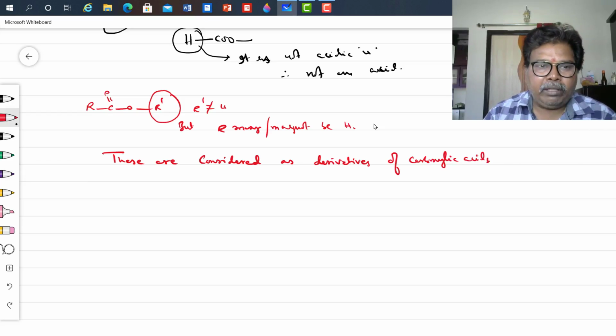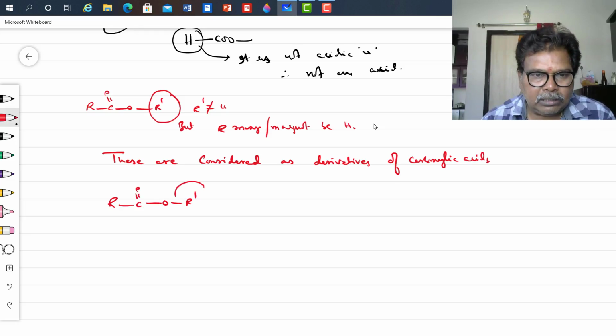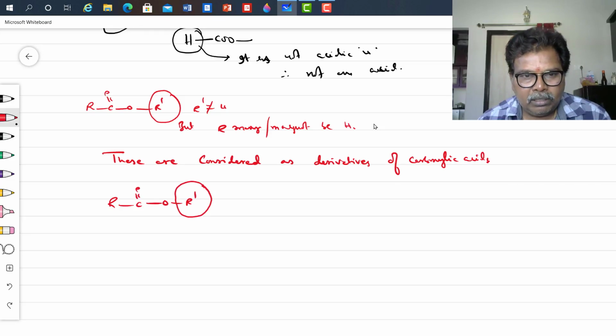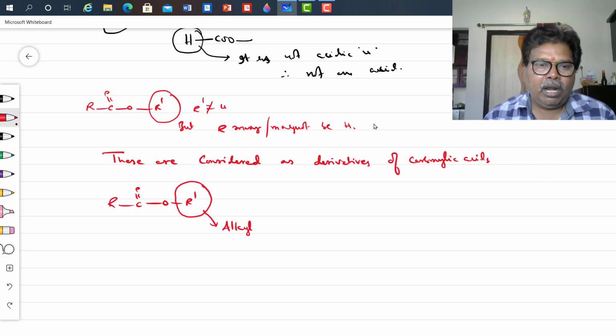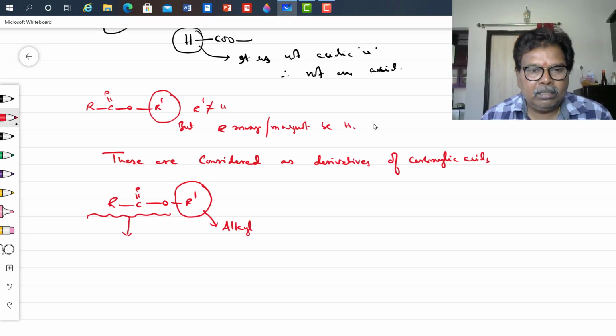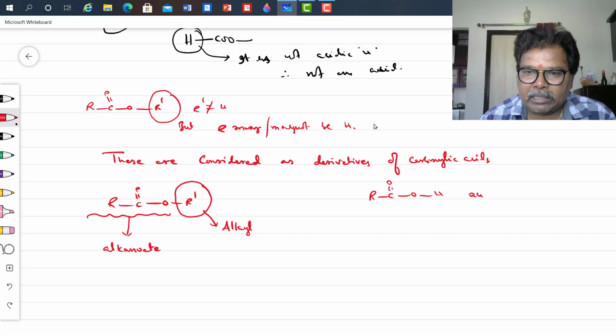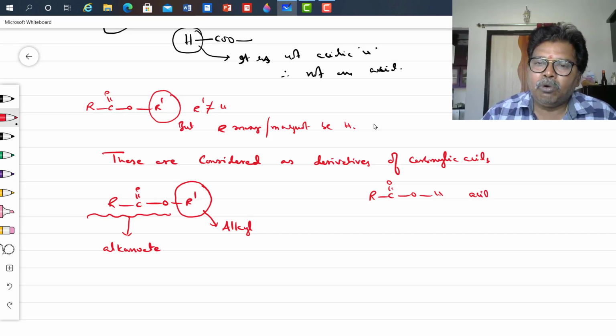Now, see carefully. R C double bond O R dash. Now, this is treated as the alkyl group, and the remaining part of the acid is called alkanoate. See, for example, RC double bond OH is an acid, the oic acid, right?